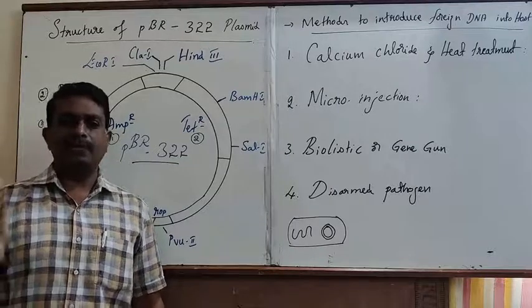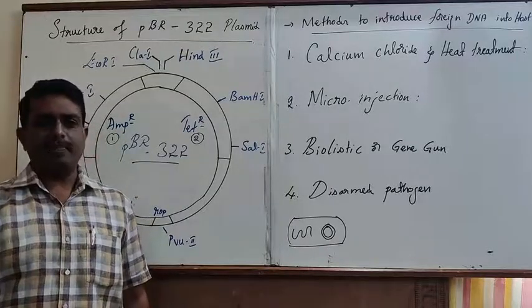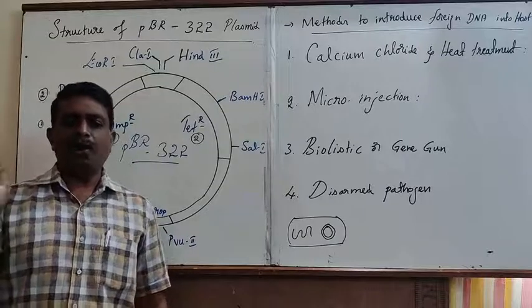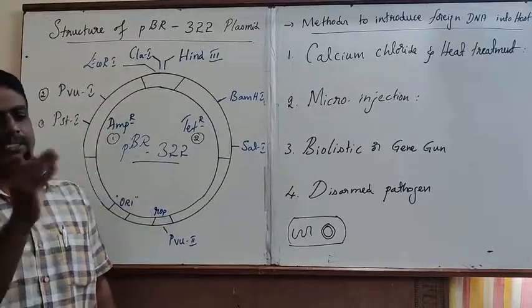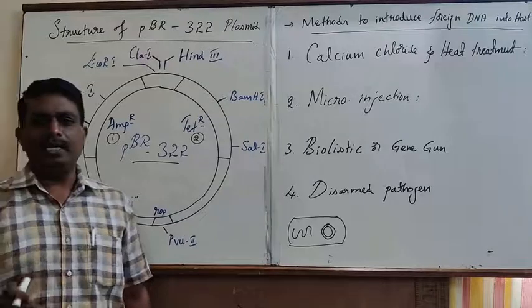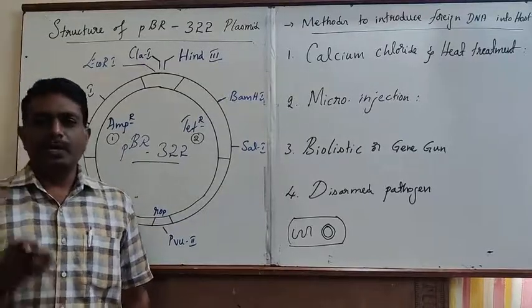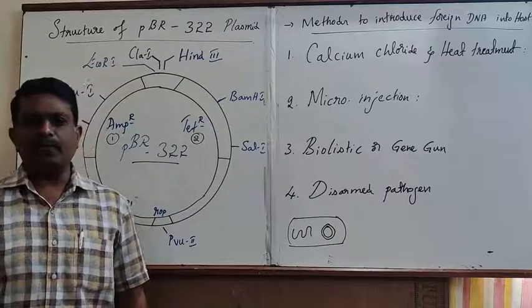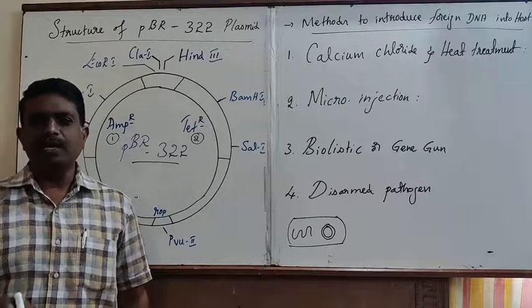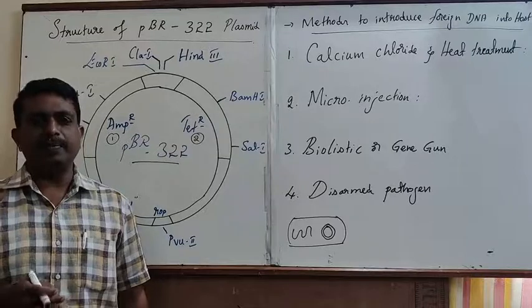The cell which is capable of taking foreign DNA is termed as competent host. The competent hosts are required for the transformation of recombinant DNA.